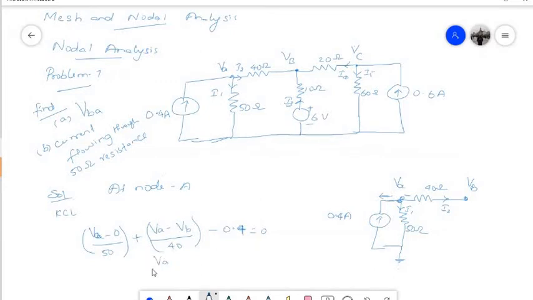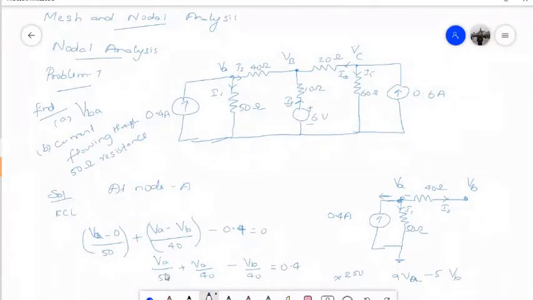Now this means that VA divided by 50 plus VA divided by 40 minus VB divided by 40 is equal to 0.4. Now if I multiply this equation by 200 on both sides, to make it look simple, I will be getting 9 times VA minus 5 times VB.